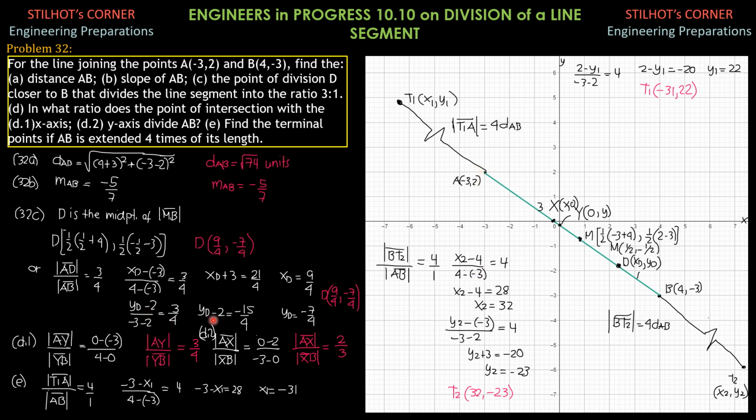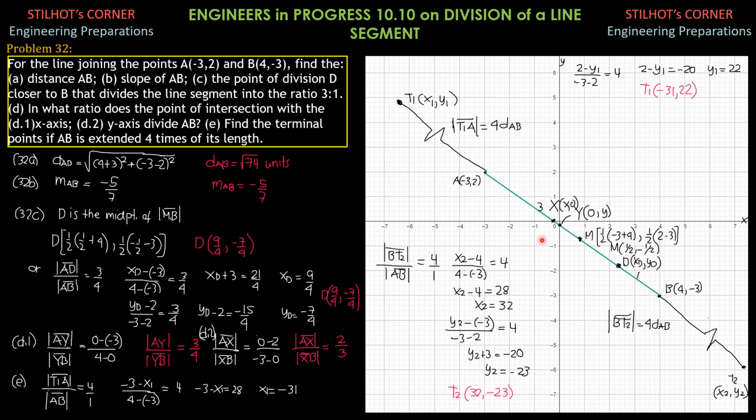So yd minus 2 equals 3/4 of negative 5, which is negative 15/4. So yd is negative 15/4 plus 2, which is negative 7/4. So therefore, the coordinates of point D are 9/4 comma negative 7/4.